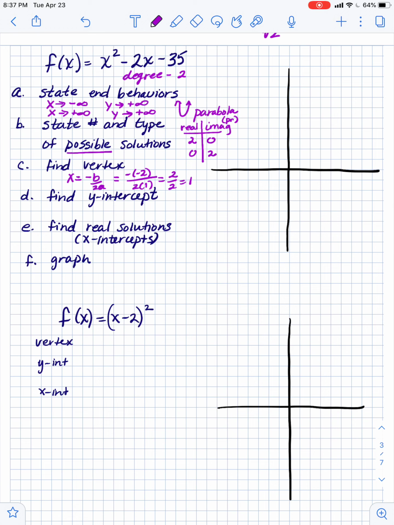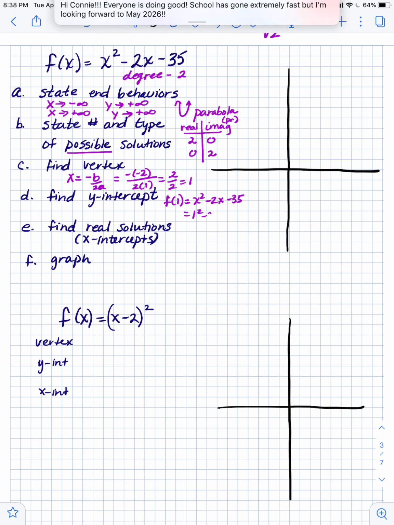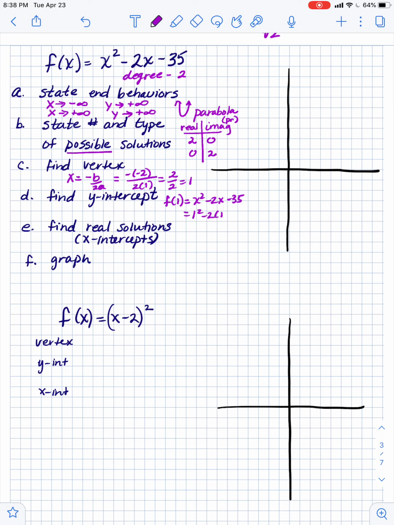And then I'm going to go in, and this is where we go back to our function notation, guys, and we put in that 1. I kind of didn't leave enough room here. So we put in the 1. So f of 1 would, okay, here's my equation. What would be f of 1? And that would be 1 squared minus 2 times 1 minus 35. And that is going to give me a big number, it looks like.